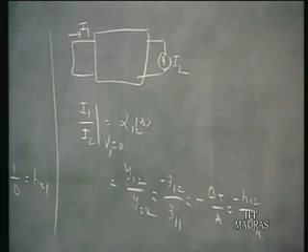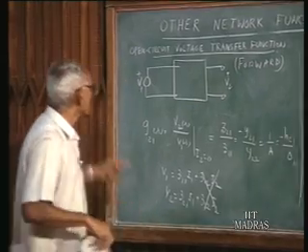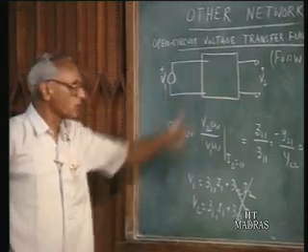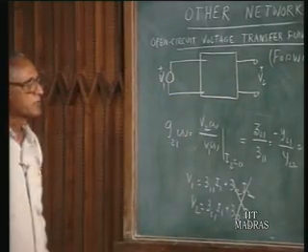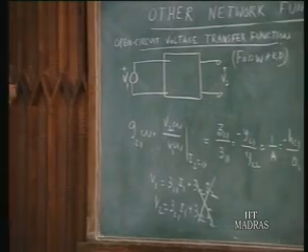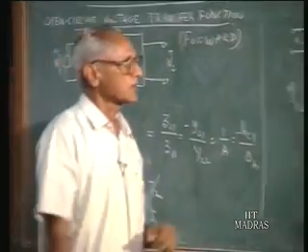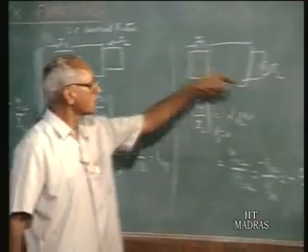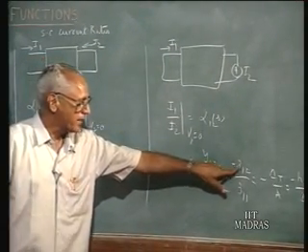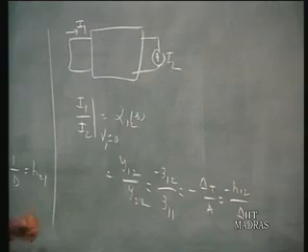One important thing that we can note is that the transfer voltage ratio in the forward direction, which is Z21 over Z11, will turn out to be the negative of the short circuit current ratio in the opposite direction, minus Z12 over Z11, because Z12 is the same as Z21 for a reciprocal network.